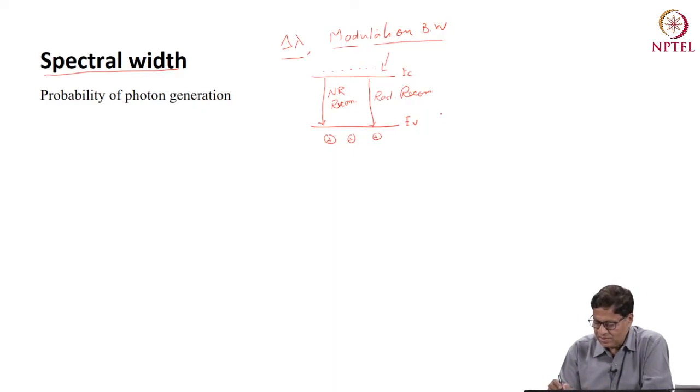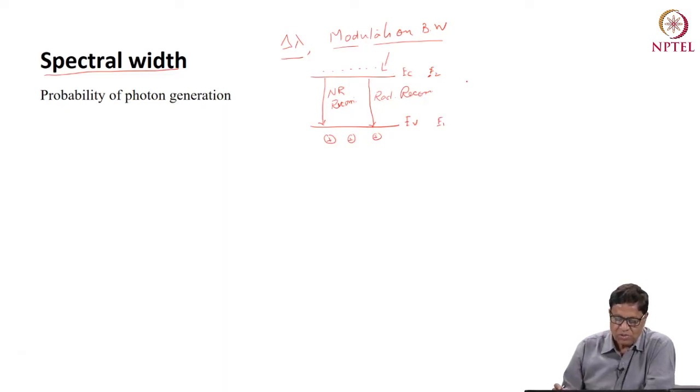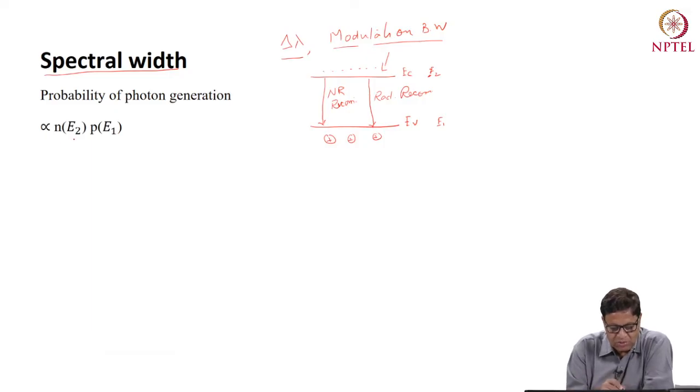And this is the valence band. So this will be energy E1 and this E2. And E2 is not a sharp line; it is a broad line for these energy states. So let us find out the probability of photon generation. It is proportional to Ne2 into Pe1.